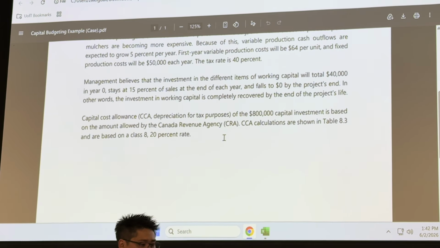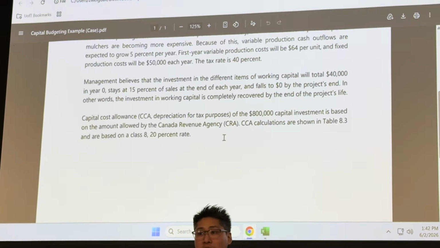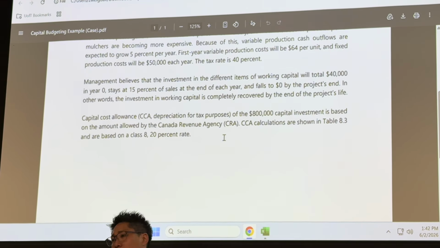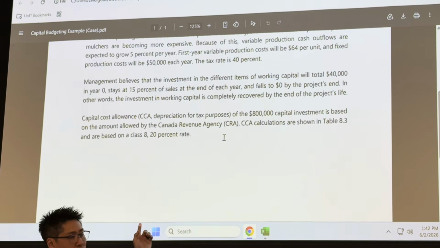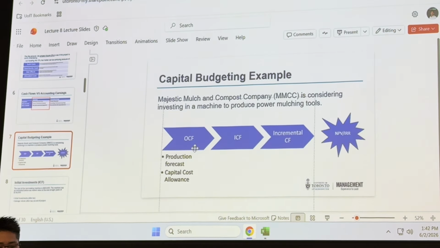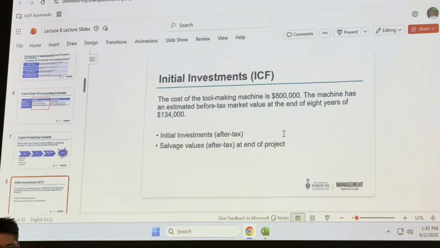This is a finance course. I know the textbook that we have assigned to you is a Canadian version, so there are a lot of tables saying this machine is a class 8. I don't care. In the exam, I'm just going to tell you a 20% depreciation rate, just to simplify things. So all you need to know is a 20% depreciation per year. That's the case. Now, let's move on to how to calculate this thing.